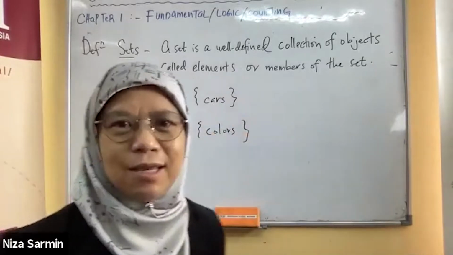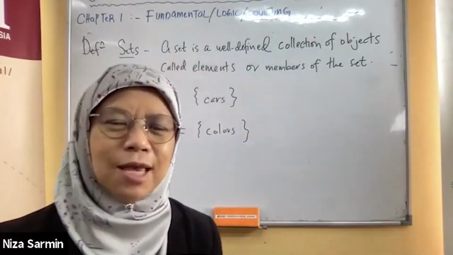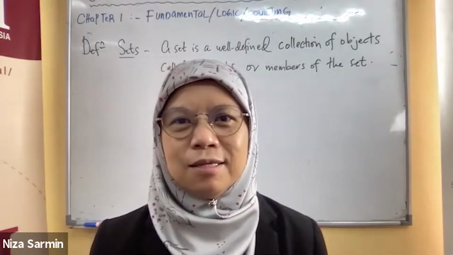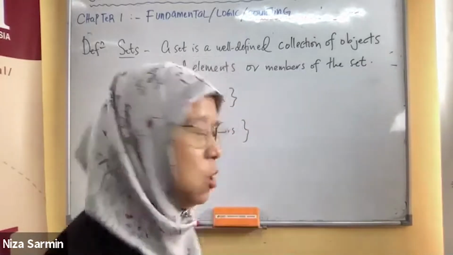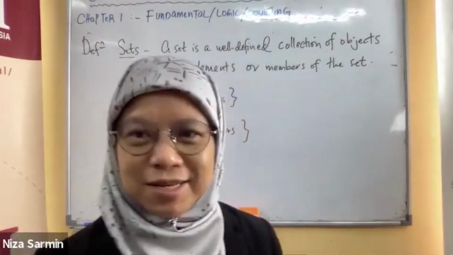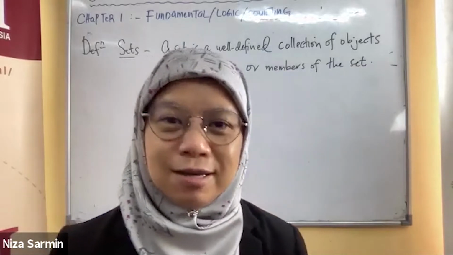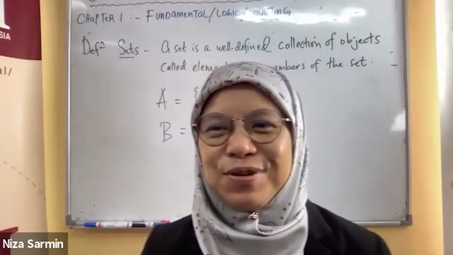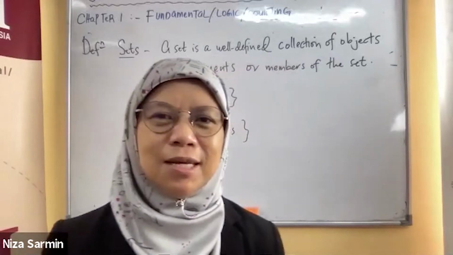You can take any object, anything at all, doesn't have to be a color. Let's say white. So white belongs to B because it's a color, right? What about chair? No, it's not a member. Chair is not a color. So this can be a set.